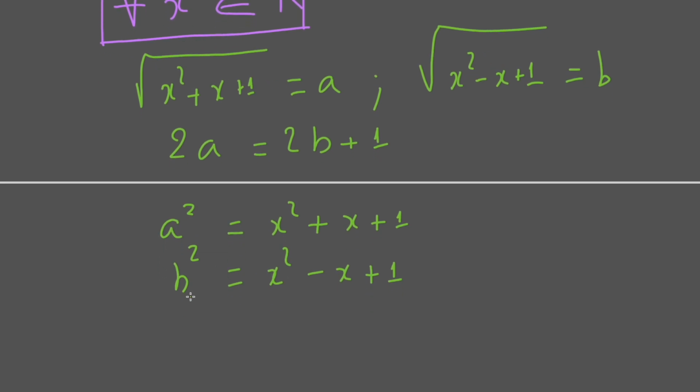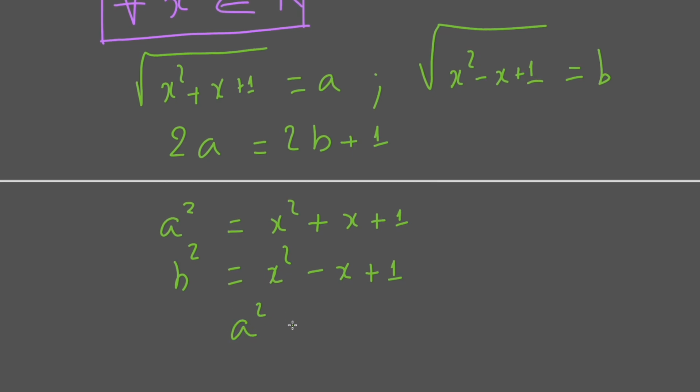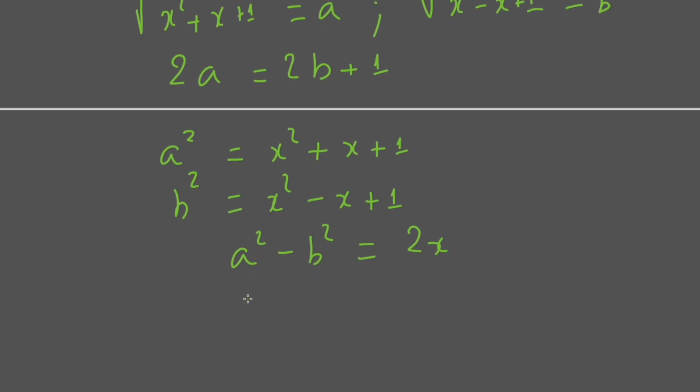For example, a squared minus b squared remains 2x, it cannot be a specific value like 0, 1, 2, or 3. Even a squared plus b squared is still equal to 2x squared plus 2.